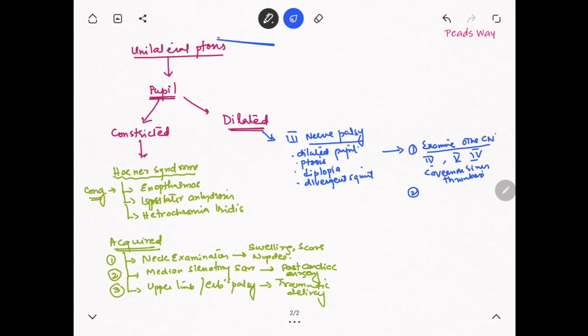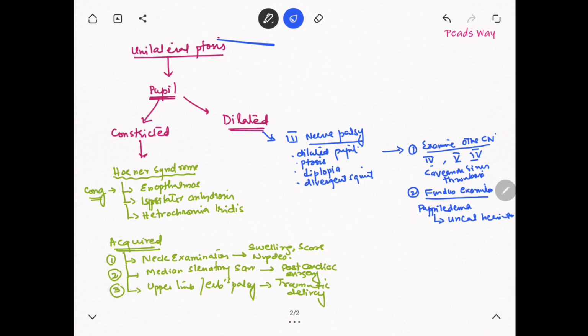Number two, you need to do fundus examination. So what will fundus examination reveal? Maybe there is papilledema, papilledema due to uncal herniation.